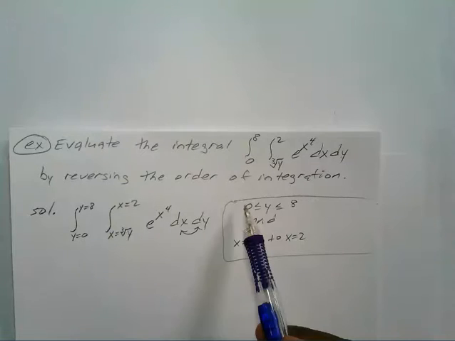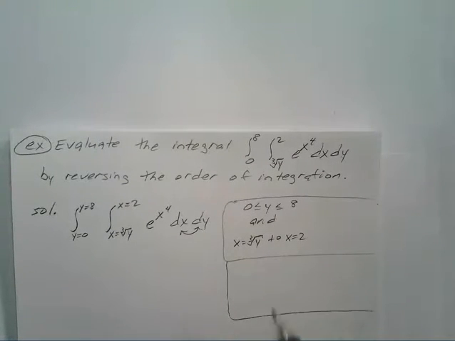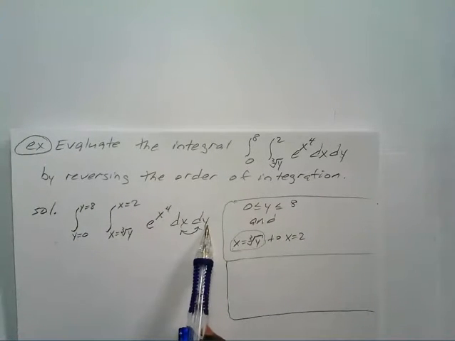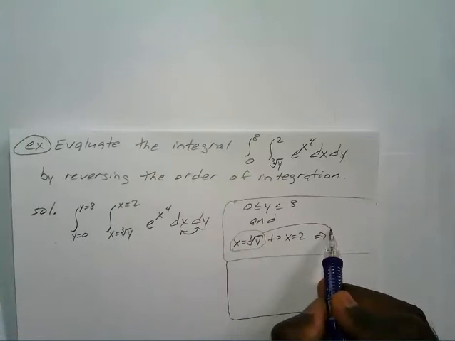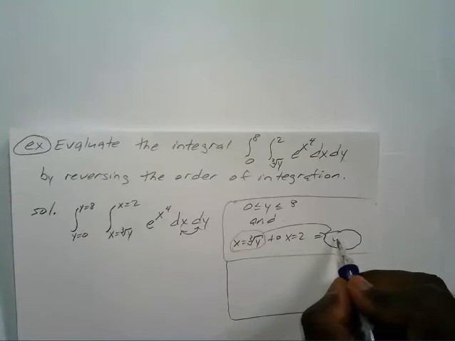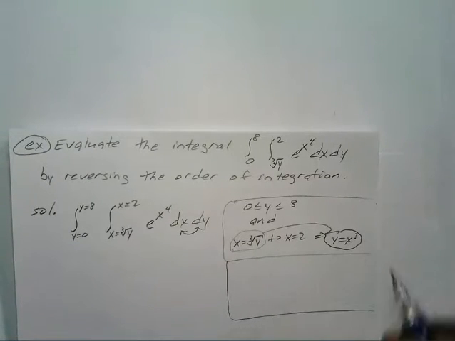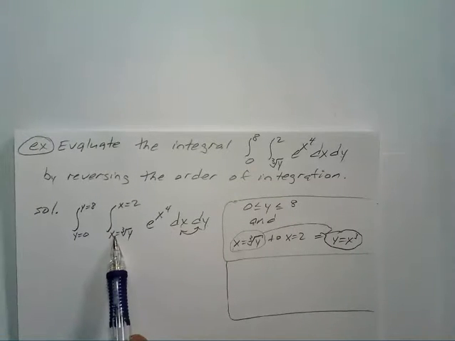Okay. So how do we switch those up? Well, we noticed a couple of things. Remember, this is the formula here. We're going to have our x on the outside. So we know that this is going to end up being y equals x to the third. Which means our dy, if we switch these up, is going to have to be a function of x.